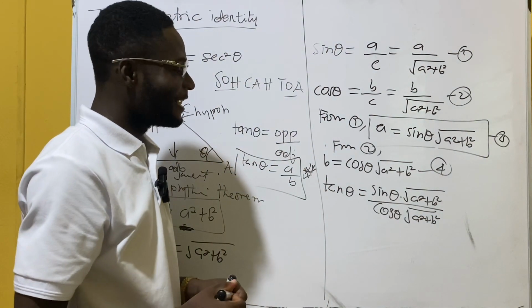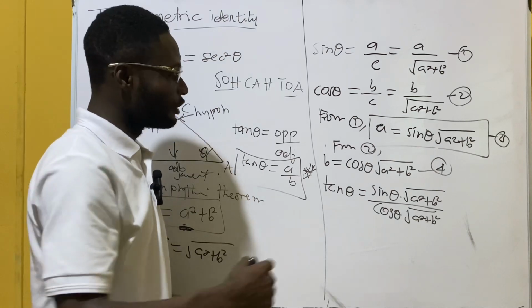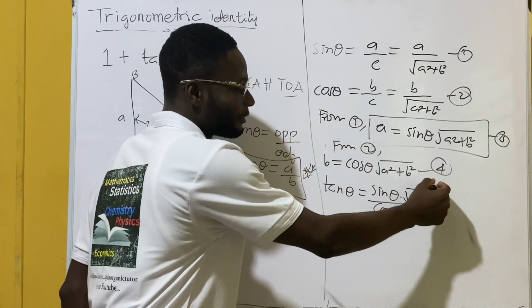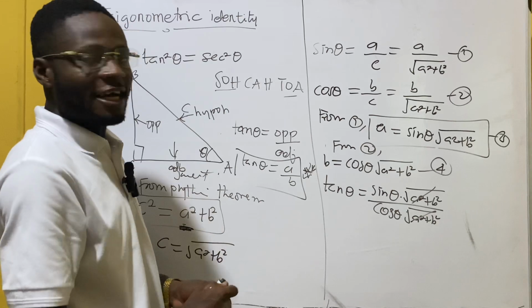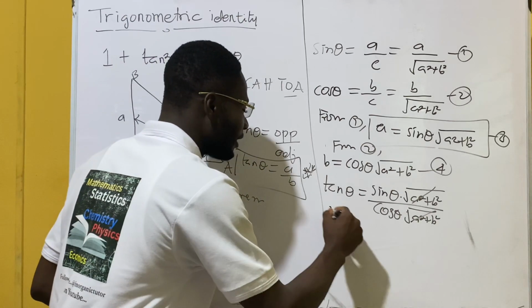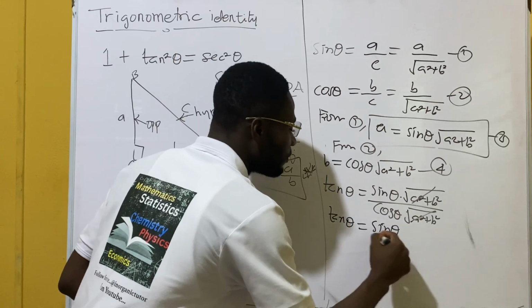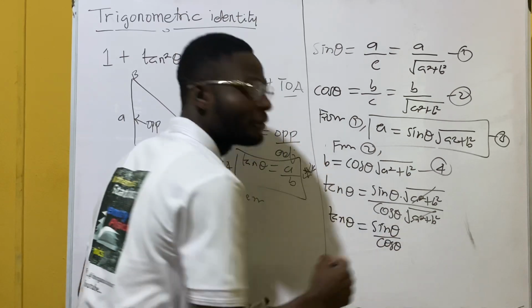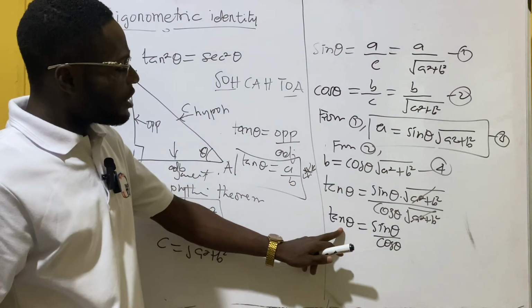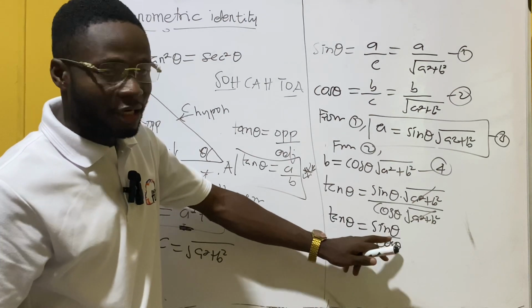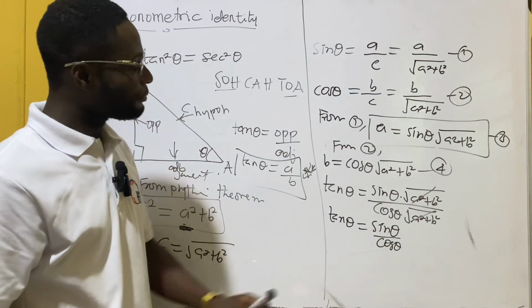Wow, and that is what we are interested in. We can see that this cancels this, and then we have tan theta equals sine theta over cos theta, right?